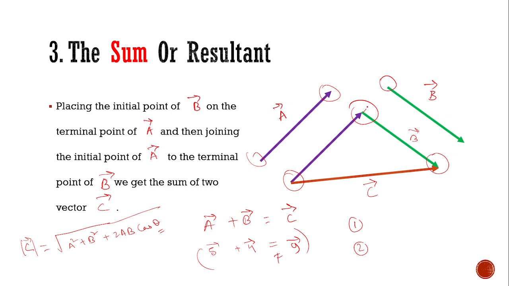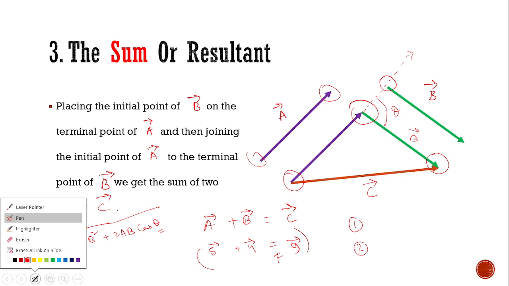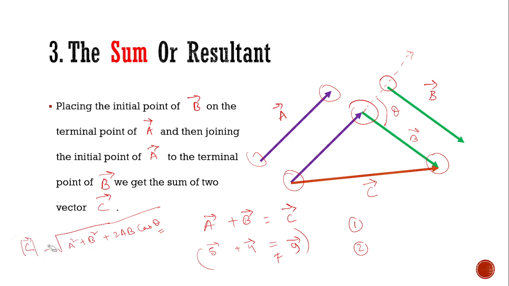Where this theta is the angle between the two vectors. In this case, if we extend this line, this angle is theta. So we only want to know what will happen in the case of the summation of two vectors.